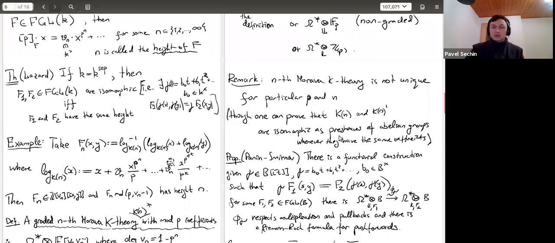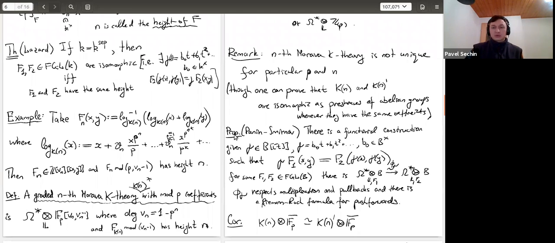Well, this is a theorem of Panin-Smirnov, though this is a proposition because this is just a part of their theorem, that there is a sort of functorial construction from isomorphisms of formal group laws to maps between free cohomology theories.